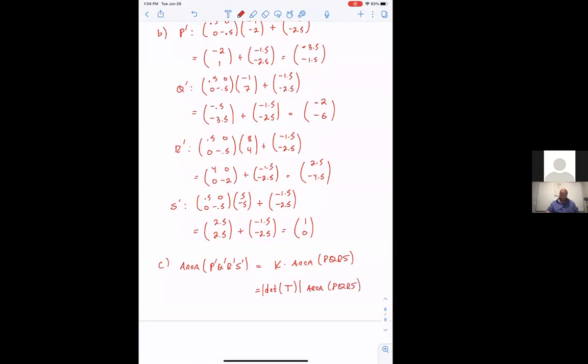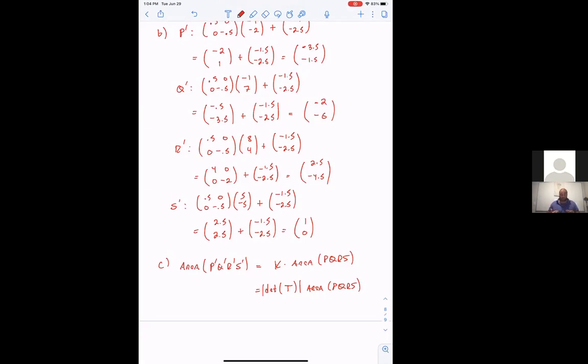So let's think about it. When you translate a vector to a new position, the shape is not changing at all. You've merely shifted it, so the area is exactly the same. So we can ignore the translation, the shift, and focus entirely on the other two parts, which were the enlargement by a factor of 1/2 and a reflection across the x-axis.